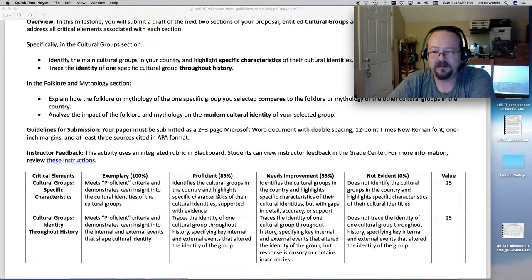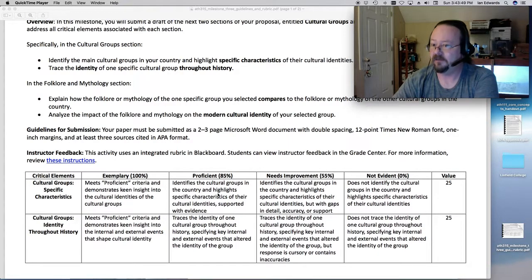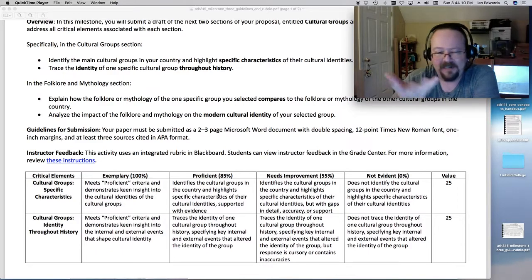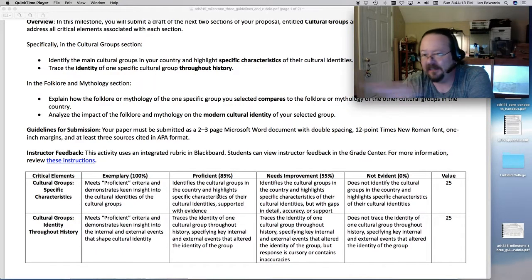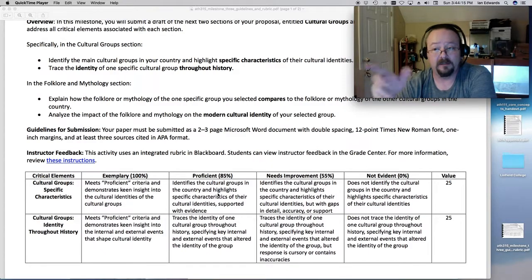You can think about the indigenous peoples, 500 plus nations that used to be found here before European colonization. And so I might identify that we have Irish Americans and German Americans and Cuban Americans and so on, right? You might identify several. That's what I'd recommend.